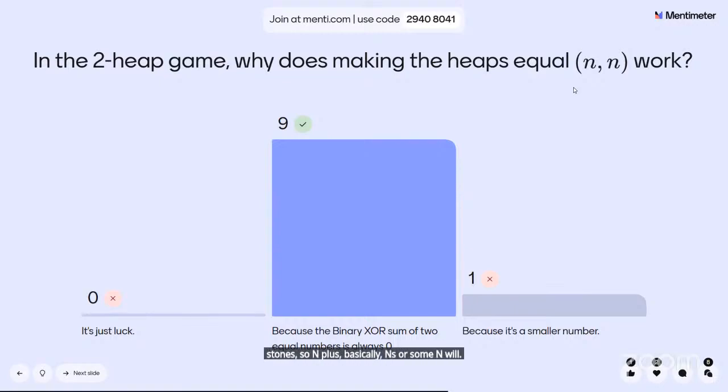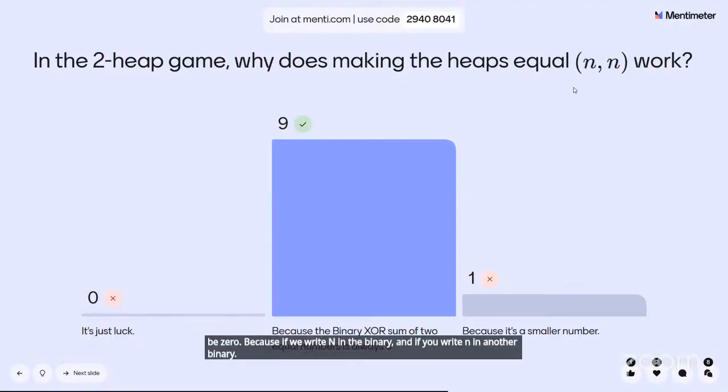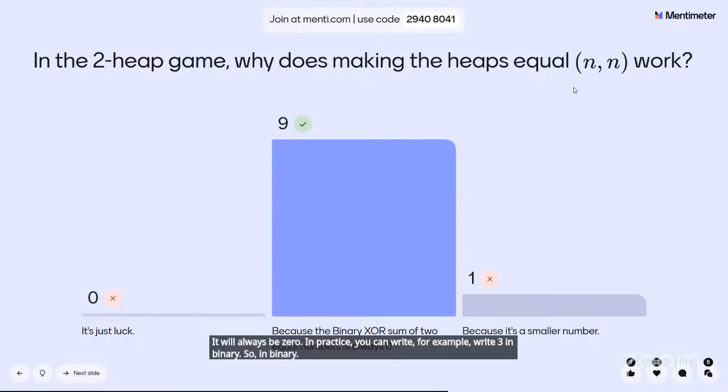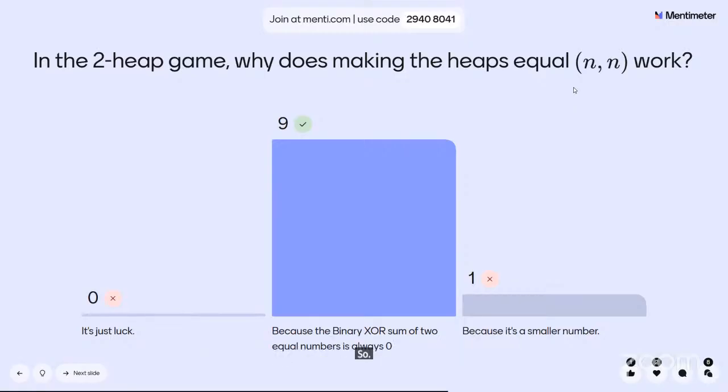Because if you write n in binary and write n in another binary, it will always be 0. For example, write 3 in binary. In binary, 3 is written as 1 1. If you're making two heaps 3 and 3, one 3 is 1 1, another 3 is 1 1, you are XORing them: 1 XOR 1 is 0 and 1 XOR 1 is 0 again.